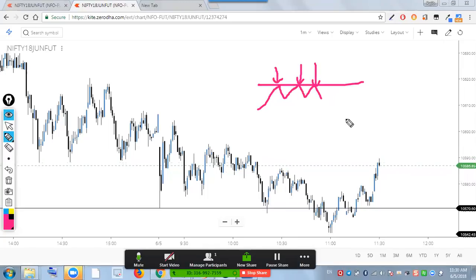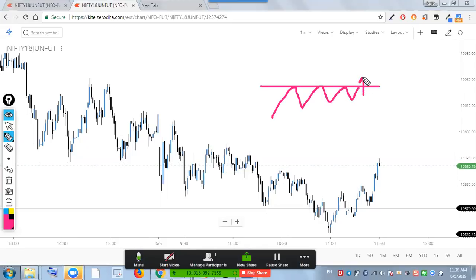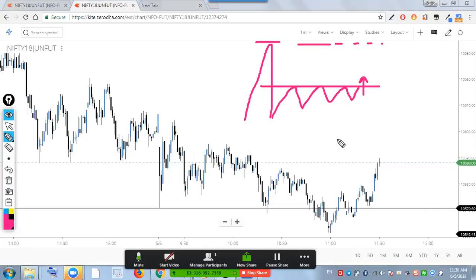The normal behavior of the breakout is that when you have multiple touches, you look for the price to give you a breakout move above that level of resistance. And let's say it has fallen from here, so this becomes your next target. This is how price action generally works.